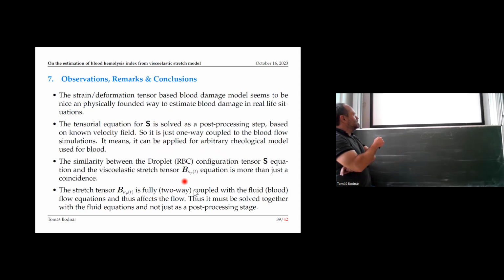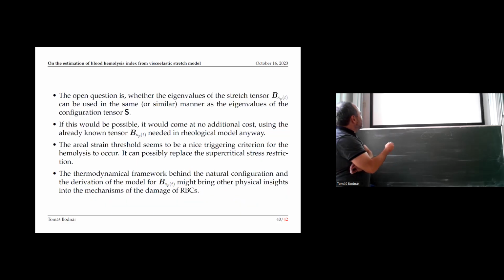But this one is really specific to the Rajagopal model, where this stretch tensor is already calculated and used. So it's kind of a limiting factor. But the good point is that when you calculate this stretch tensor, you use it both to affect the velocity field and to evaluate the red blood cell damage.